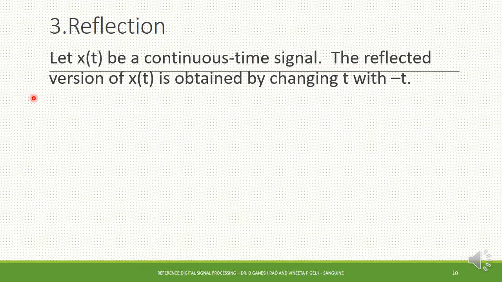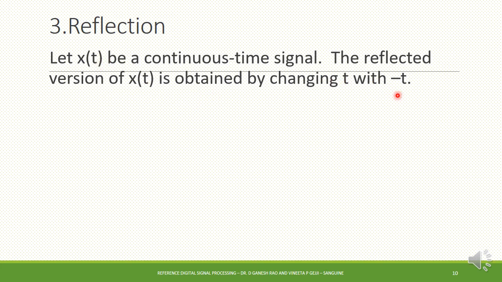Let x of t be a continuous time signal. The reflected version of x of t is obtained by changing t to minus t. Usually reflection goes in the opposite direction.